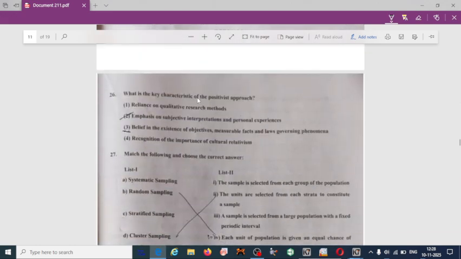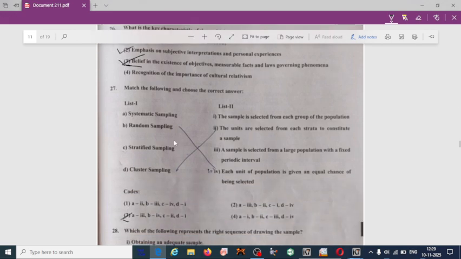What is the key character of the positivistic approach? Option 2, sorry, option 3 is correct here. Belief in the existence of objects, measurable facts, and laws governing phenomena. Match the following, choose the correct answer.